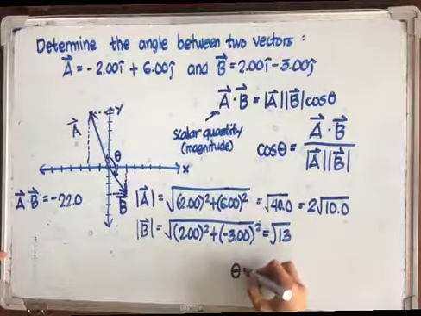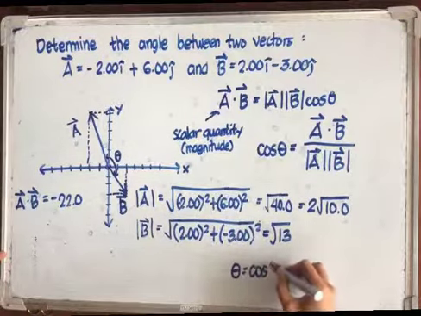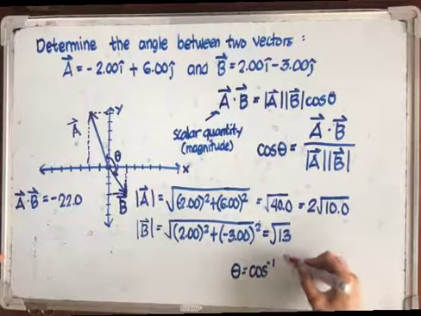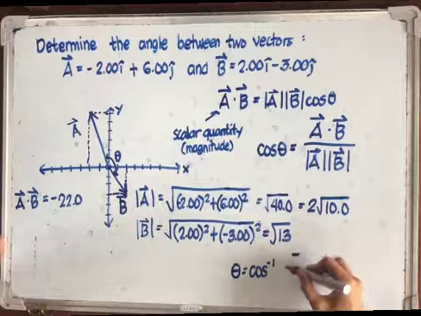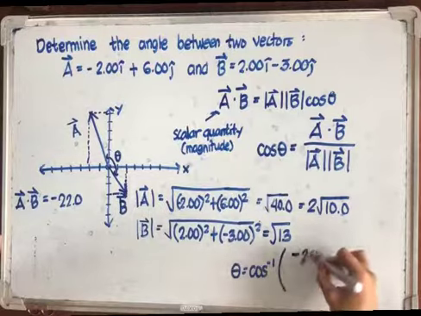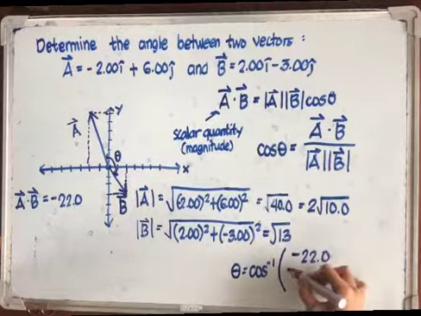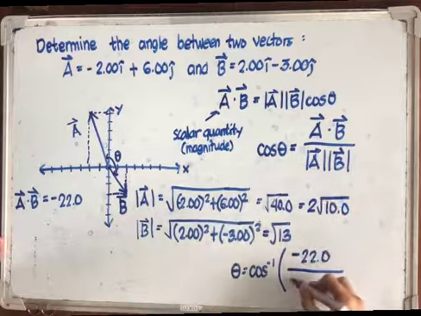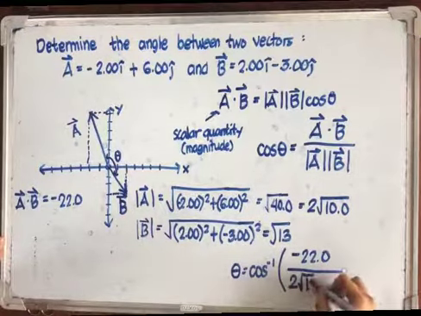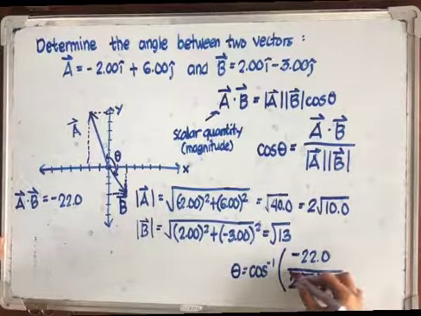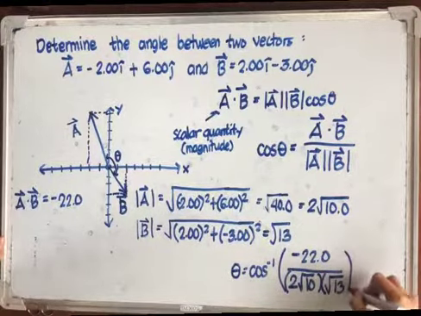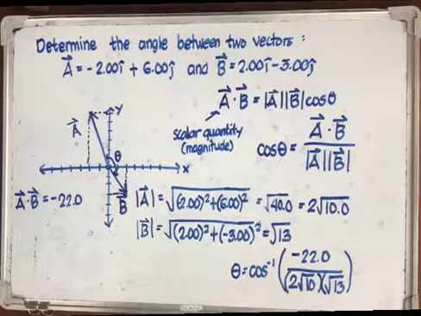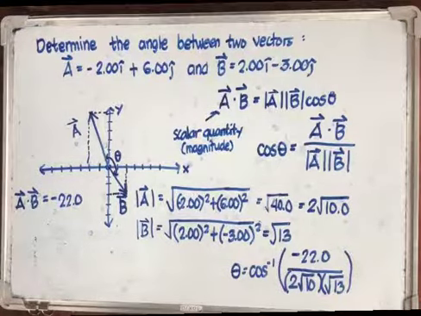So that our angle theta would be the arc cosine. Okay? Arc cosine tayo of the dot product, which is negative 22.0. Divide natin siya by the magnitude of A, that's 2 square root of 10. Tapos, another one is square root of 13. That's the magnitude of B. And that should give you an angle which is greater than 90 degrees.